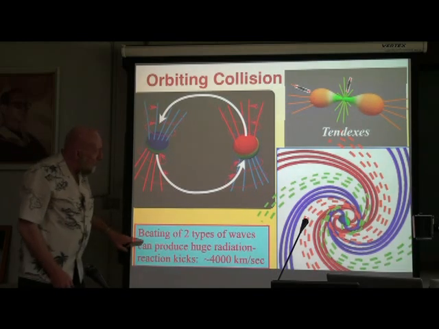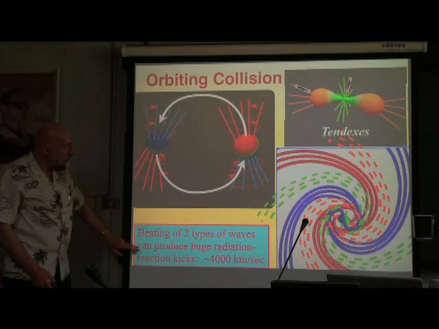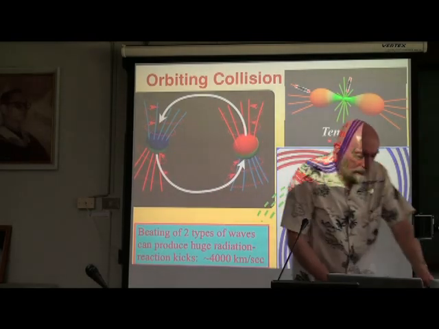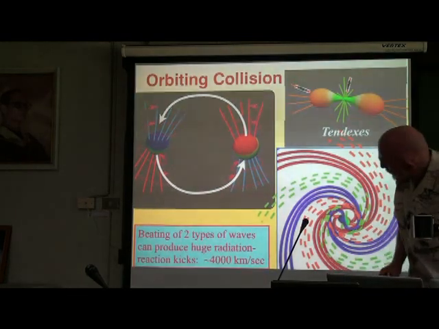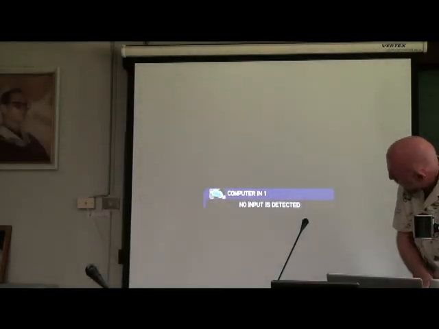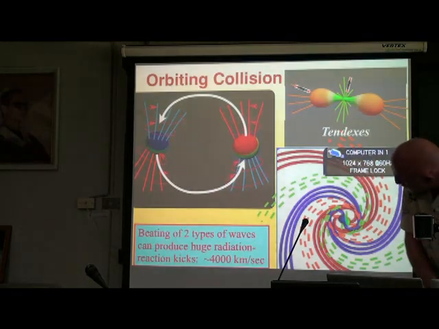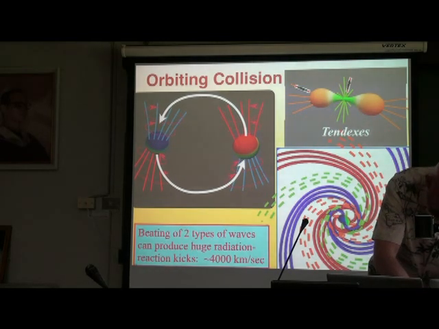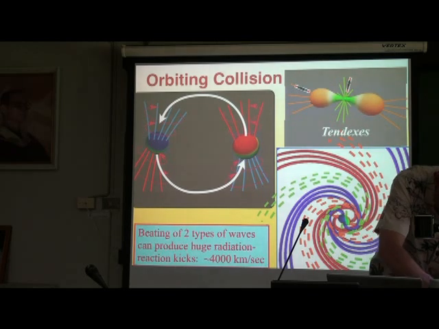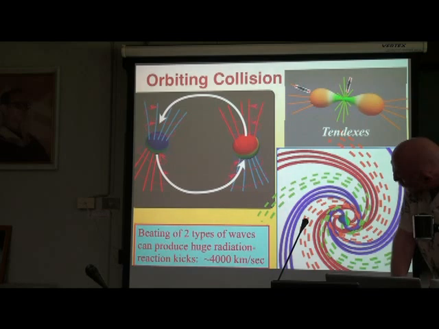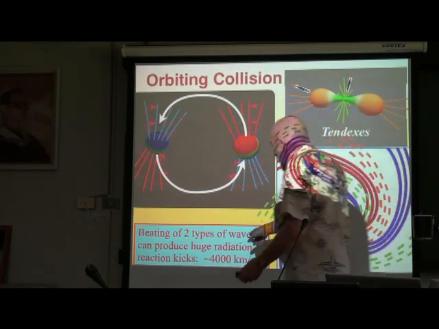Remarkably, when these 2 types of waves beat against each other, the beating can produce a very anisotropic momentum flow in the gravitational waves, giving rise to a large kick.